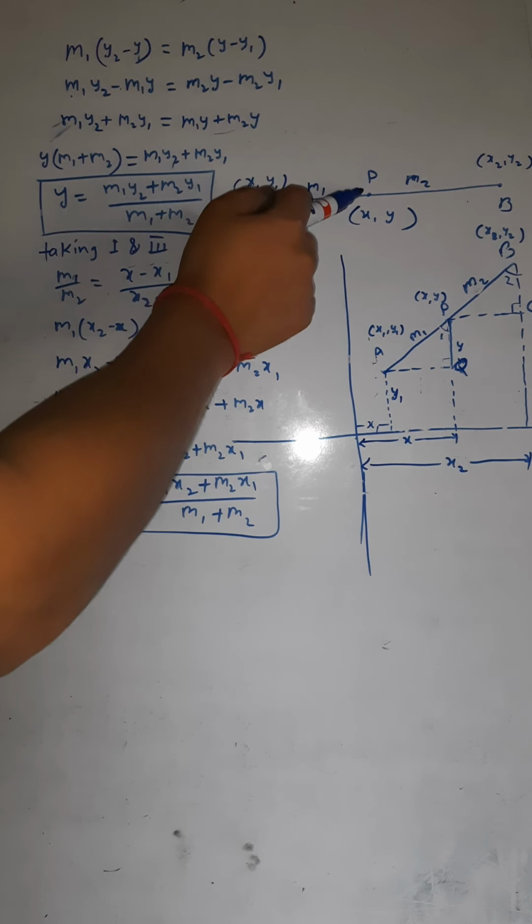This is the section formula which you have to remember to find the coordinates of the point P. Getting this? So this you have to understand now, x and y.